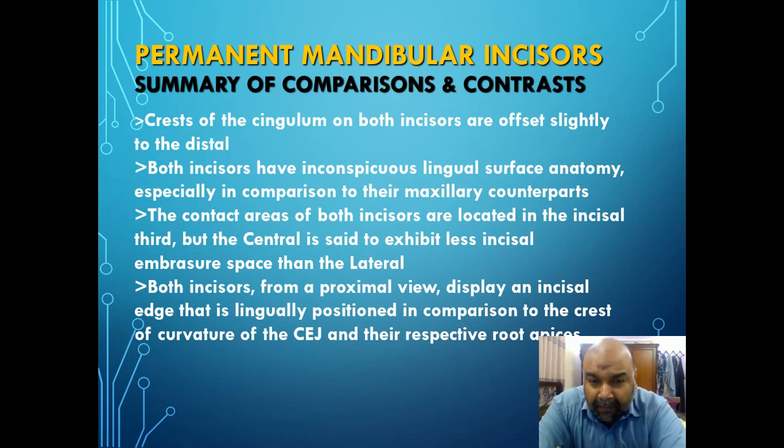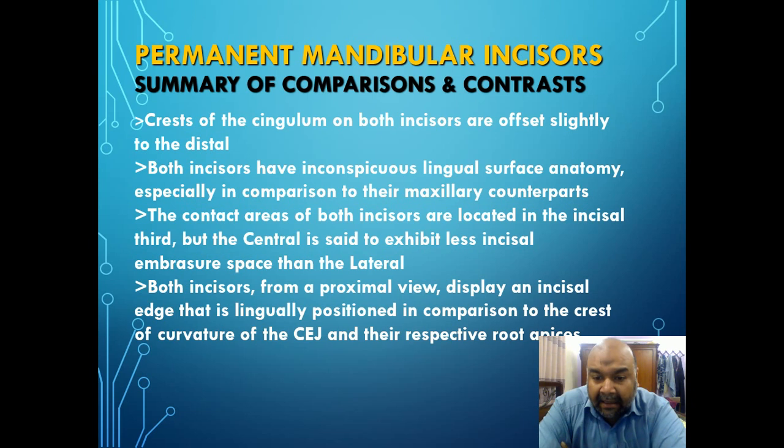For instance, the lingual fossa on the mandibular central and the mandibular lateral is not as deep as the maxillary central and lateral, and the cervical ridges found on the maxillary central and the lateral incisors are quite large as compared to the mandibular central and the lateral.